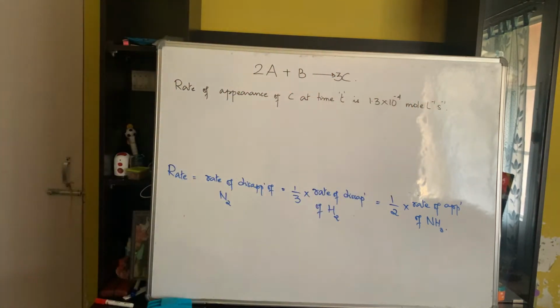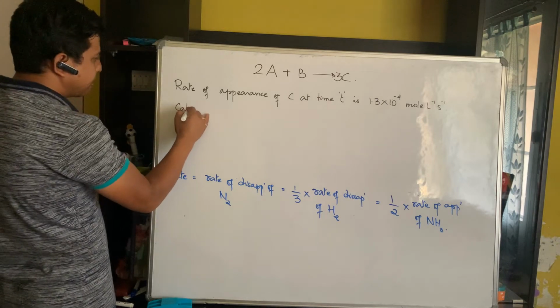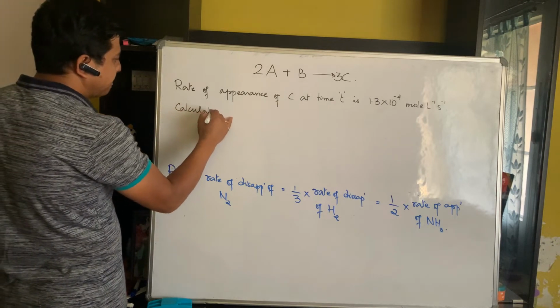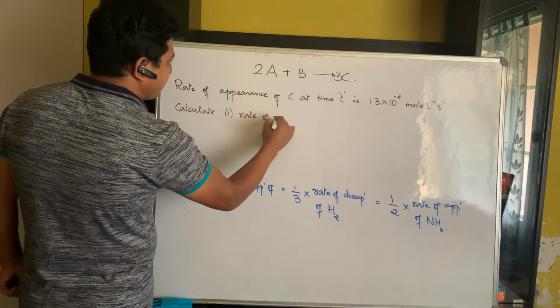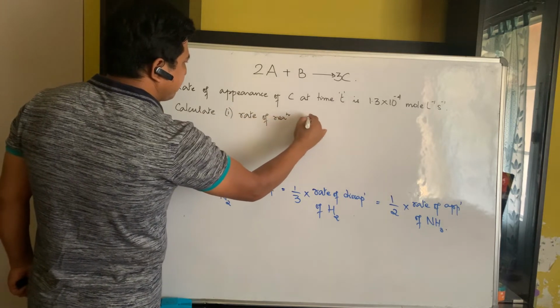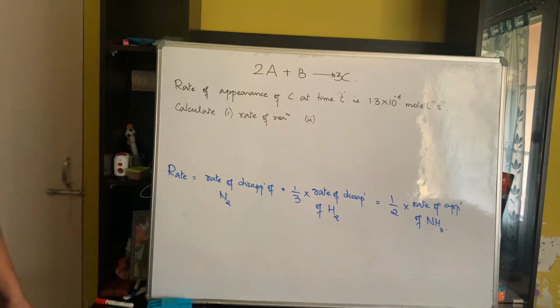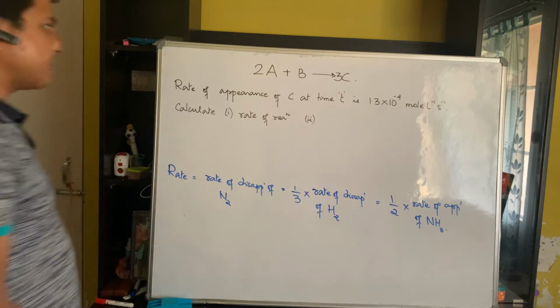You are supposed to calculate two things out here. Number one, rate of reaction, and number two, rate of disappearance of A.